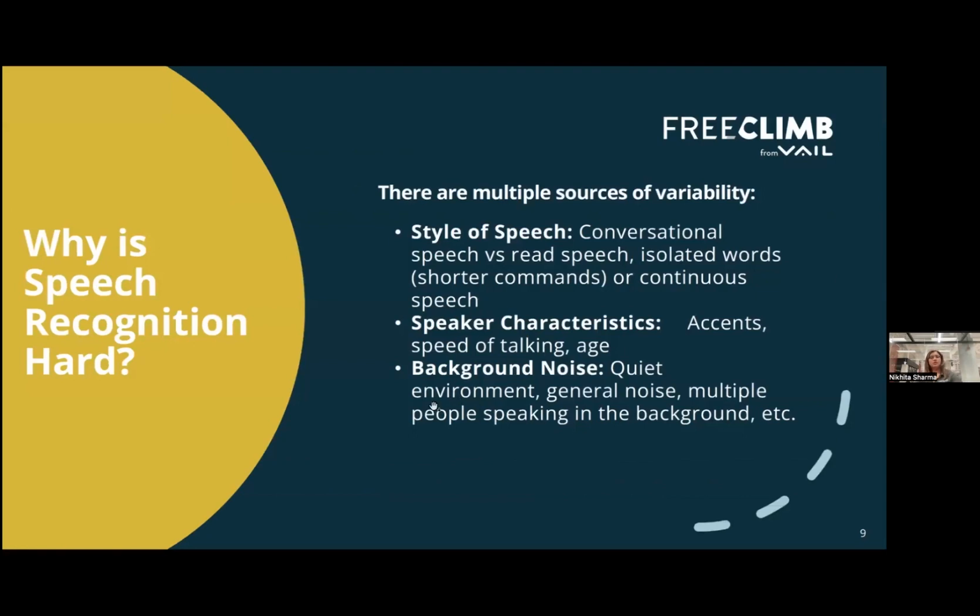There's also variation in the speakers: accents, speed of talking, age of the speaker, all of that affects speech recognition and causes variability. There's also background noise and its impact on speech recognition. If you train on mostly quiet environment data, you will struggle with noisy environment decoding.